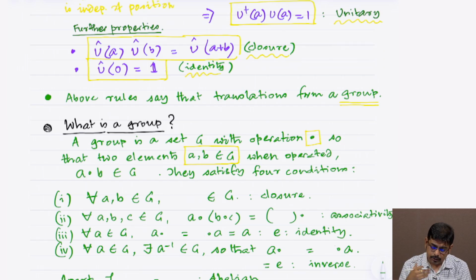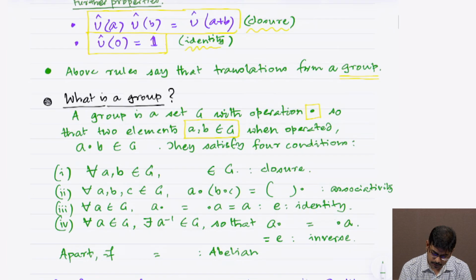Then you say that I can form a group if there are 4 other credentials which are also satisfied.